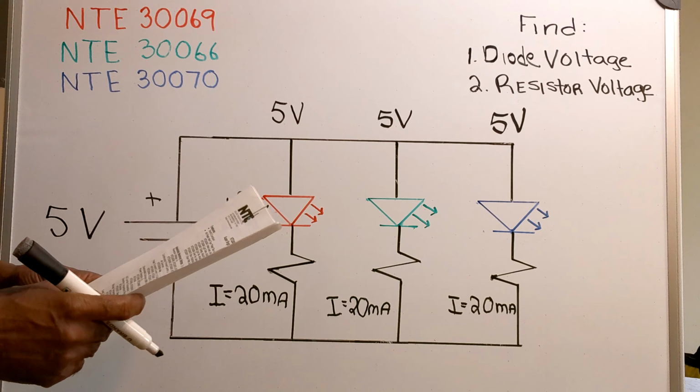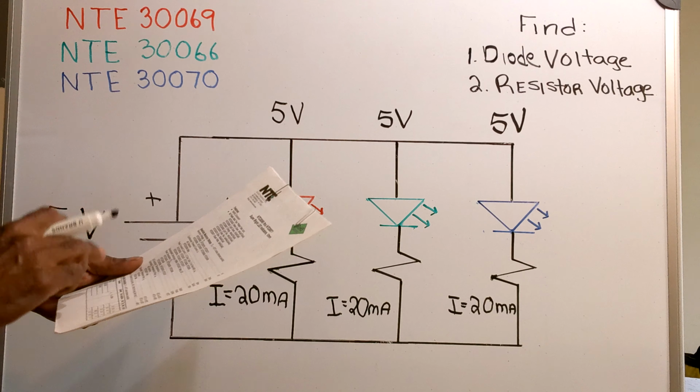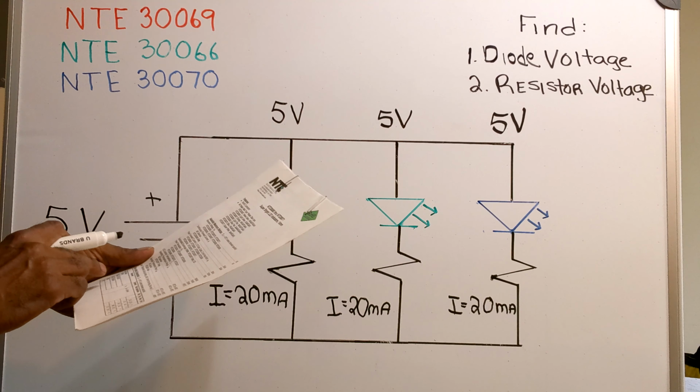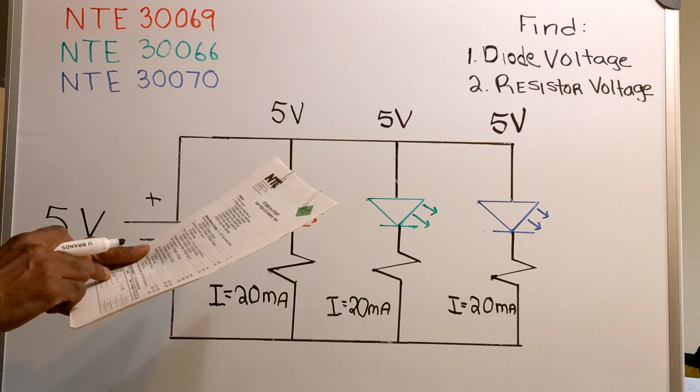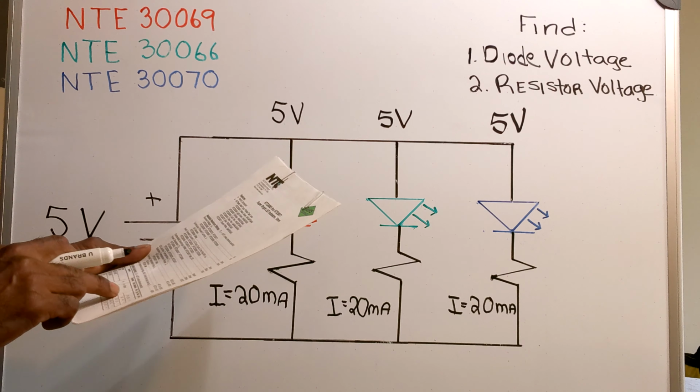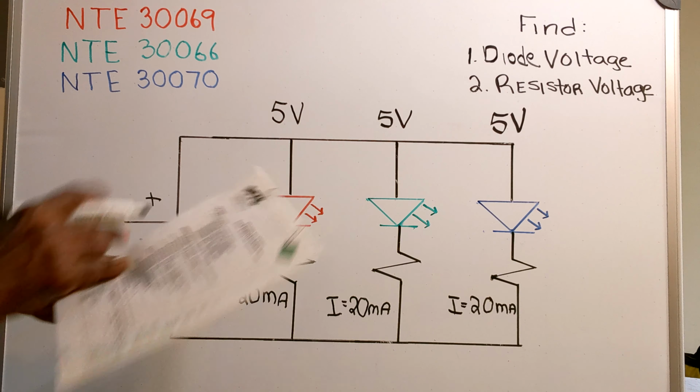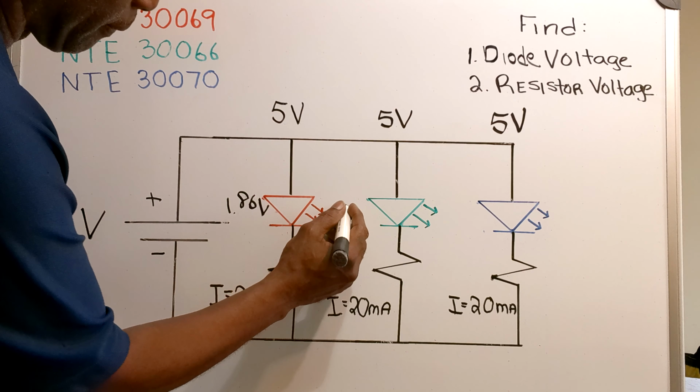And at the current of 20 milliamps, the green diode will have a voltage of 3.5 volts.